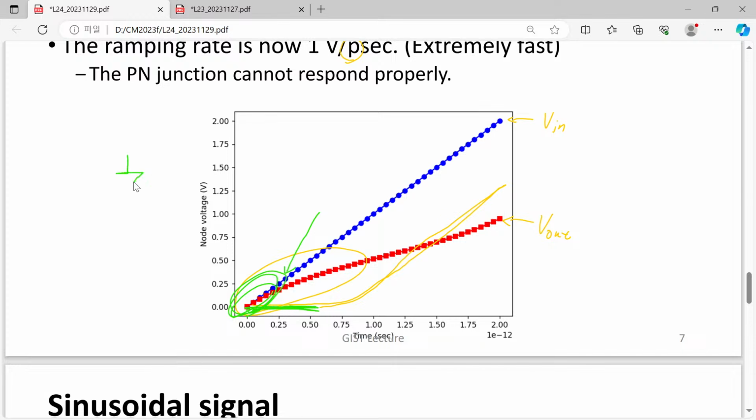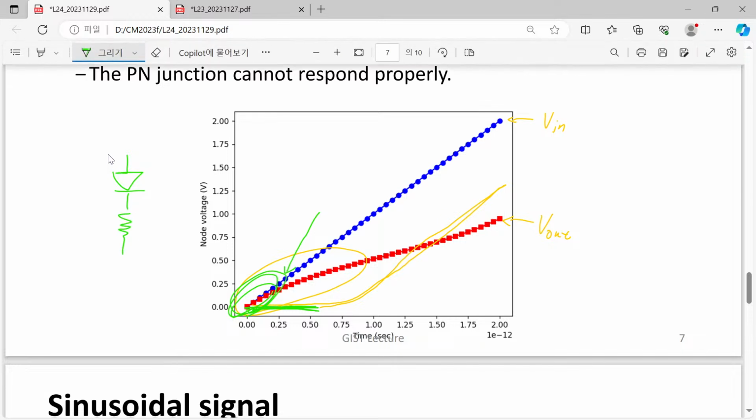It was only because here we have a diode, and in this case, for example, if we apply 0.5 volt to this point and ground it, then this diode takes all of the 0.5 volt.